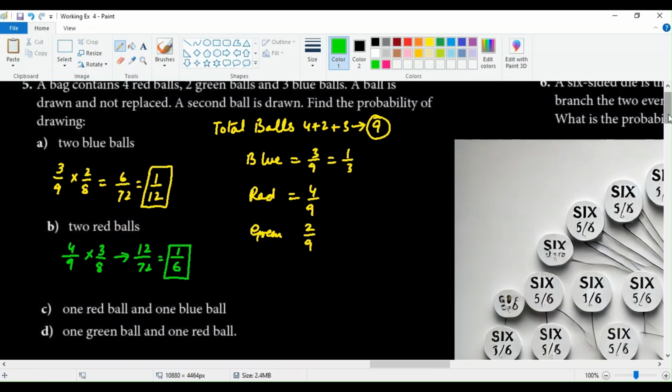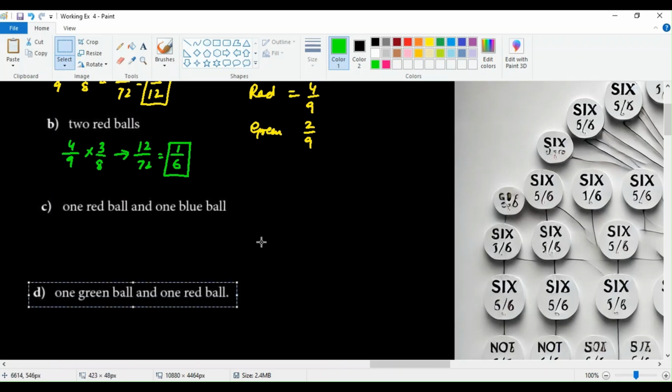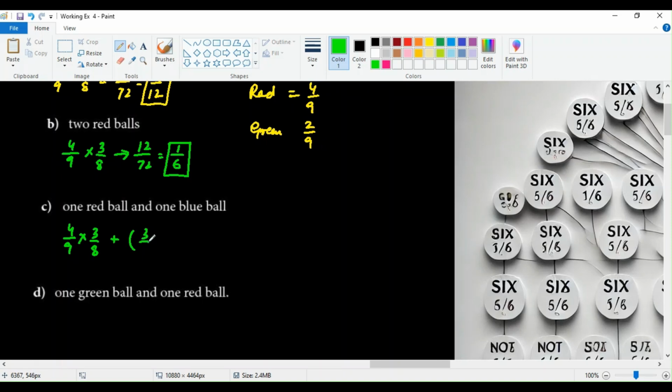Now comes 1 red ball and 1 blue ball. So this is going to be 4 over 9 times 3 over 8, we already know, and we are going to add it with 3 over 9 times 4 over 8.